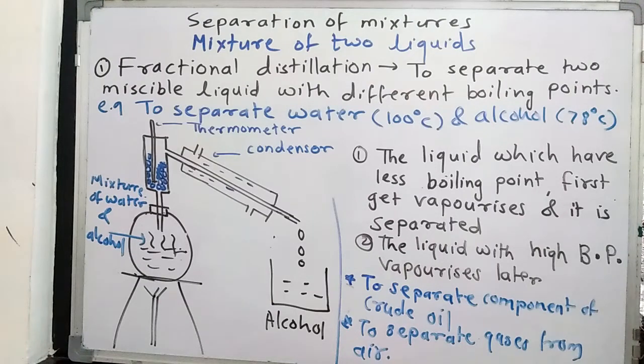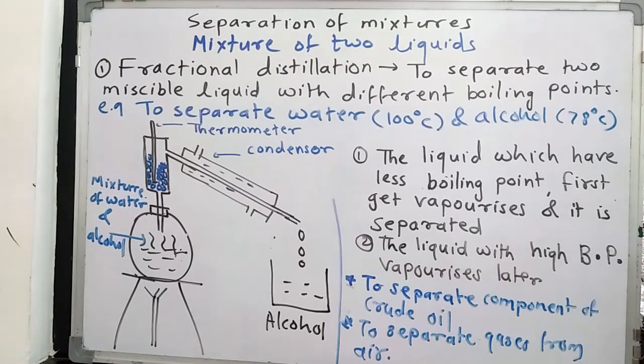But if we see the boiling point of water and the boiling point of alcohol, the boiling point of water is 100 degrees Celsius and alcohol is 78 degrees Celsius. So the fractional distillation method is used for the separation of miscible liquids, but those liquids should have different boiling points. That means there must be a difference between the boiling points of the two miscible liquids.